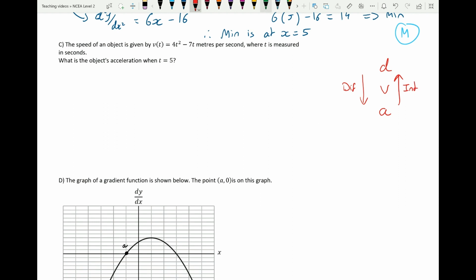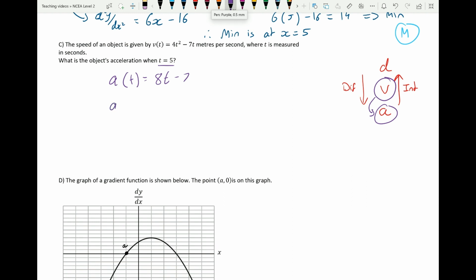So we have been given the velocity or speed, and we want to know about its acceleration. So we need to go downwards. So that means we need to differentiate. So a(t) will equal 8t minus 7. And we've been told t equals 5.